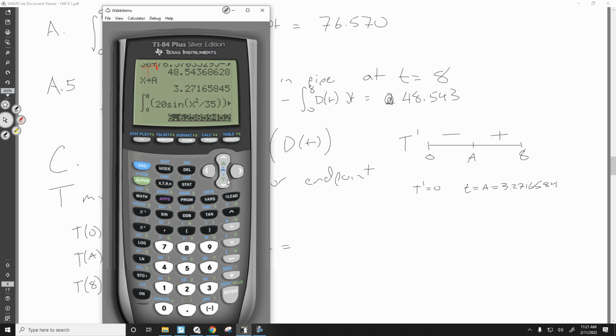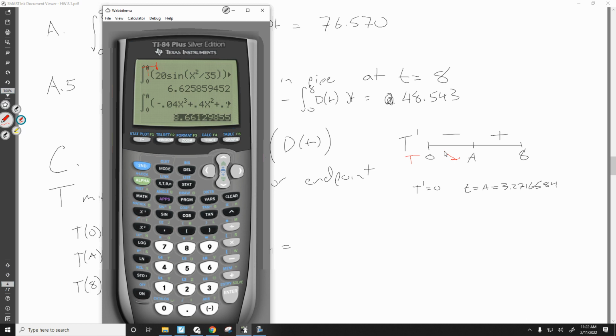Now I know what 0 to A of D is going to be in comparison to 0 to A of R. Did you guys think about this? I know that this is going to be a bigger number. Why? Because T prime was negative, meaning T is decreasing.